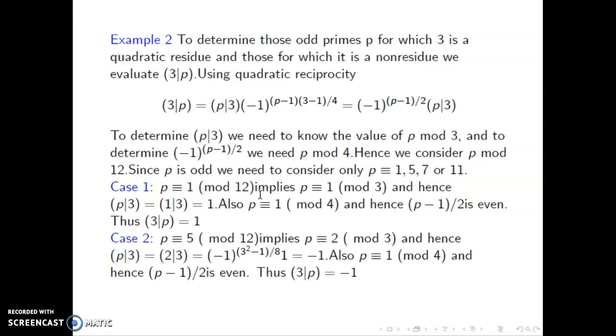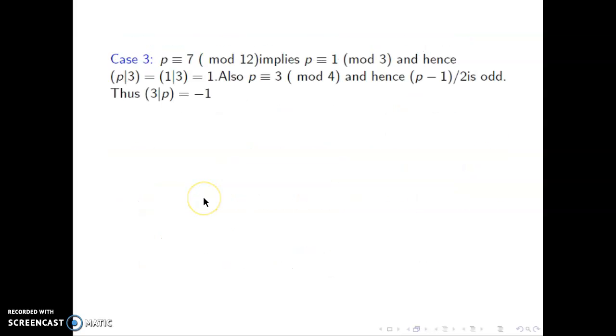Therefore 3 over p is minus 1. Case 3. If p is congruent to 7 mod 12, then p is congruent to 1 mod 3 and hence p over 3 is 1 over 3, which is 1. Also p is congruent to 3 mod 4 and therefore p minus 1 by 2 is odd. Therefore 3 over p is minus 1.